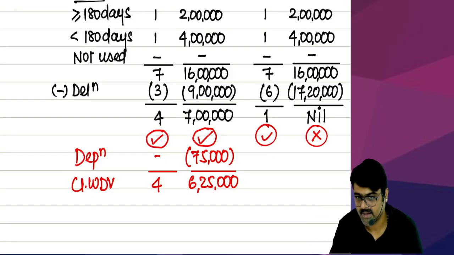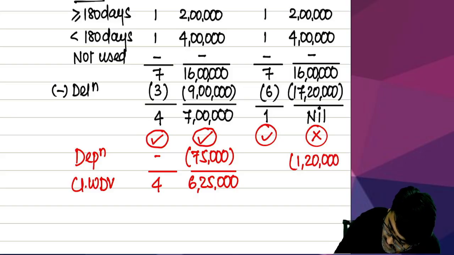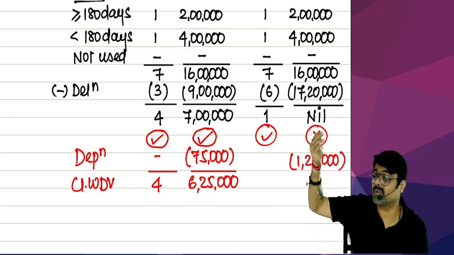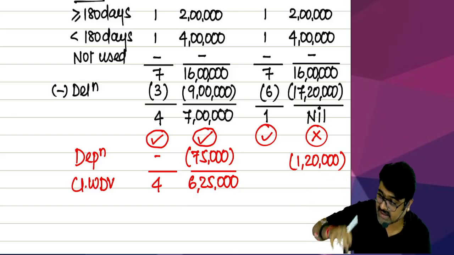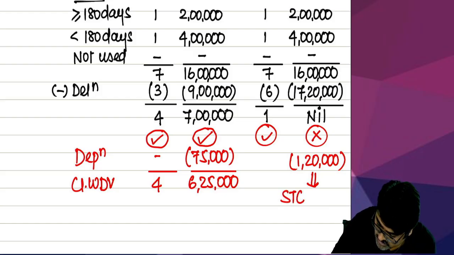Depreciation will be nil. And don't you think the excess 1,20,000 you have recovered is over and above the cost of those assets which are there in the block? So this extra amount which you have recovered will be treated as your short-term capital gain under section 50.